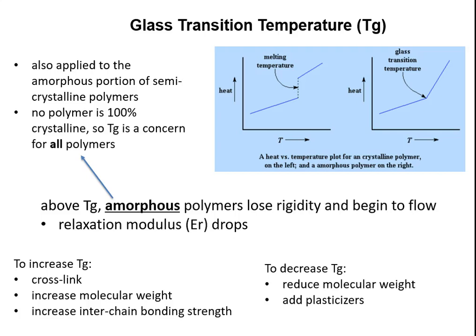It will display what's called a rubbery plateau. So its fracture toughness will increase, its rigidity will decrease, but it just won't flow because the crosslinks will prevent that. So I didn't want you to think it didn't have a Tg, but you won't necessarily get chains completely slipping past one another if you crosslink.